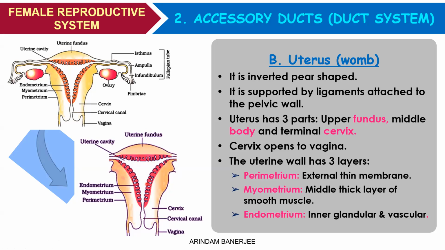The perimetrium protects from the outside, the myometrium is in the middle, and the inside endometrium is highly vascularized, and that helps to prepare the bed for the developing fertilized ovum.